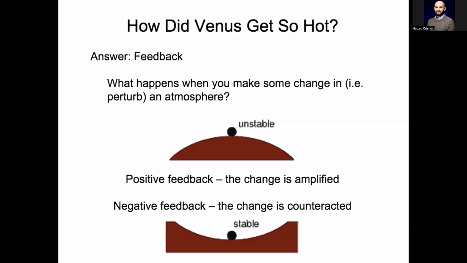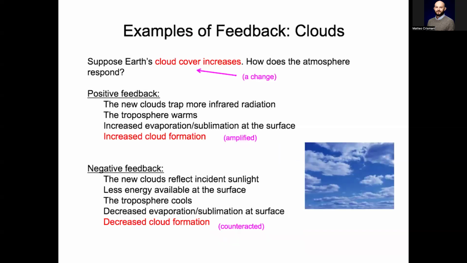Does that make sense? Negative feedback, not always bad. Just means that whatever you were trying to do was thwarted, right? Here, it was amplified. Negated, negative, positive, amplified. Cool. Okay. Clouds are an example of feedback.